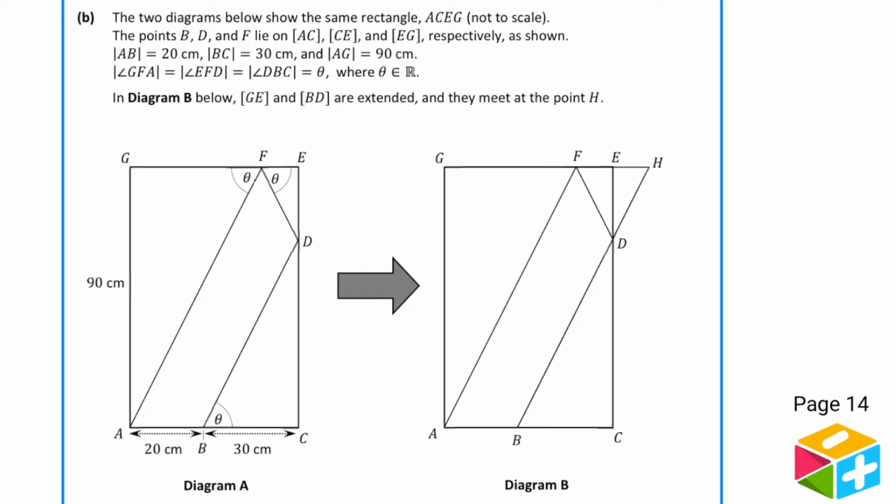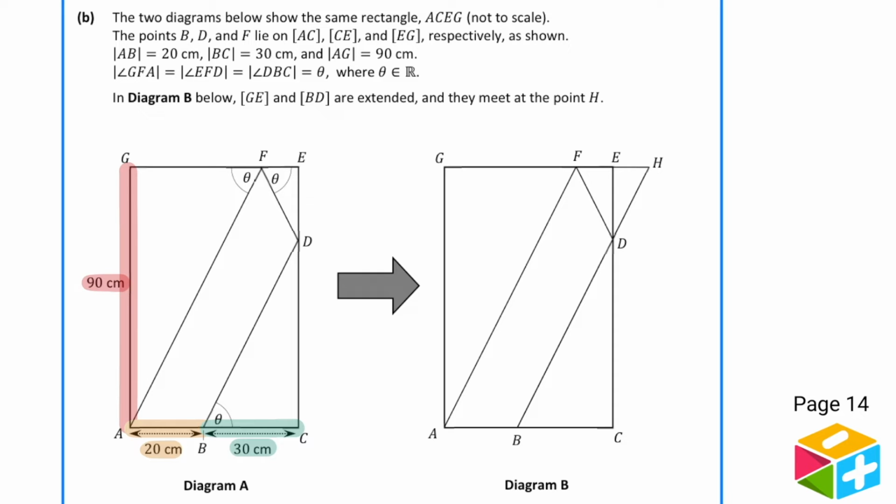In part B, we're presented with 2 diagrams of a rectangle, ACEG. In diagram A, various sides and angles have been labelled for us. We're told that GA has a length of 90 centimetres, AB has a length of 20 centimetres, and BC has a length of 30 centimetres.